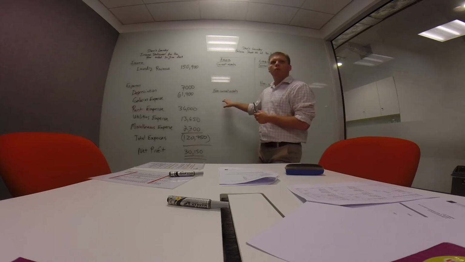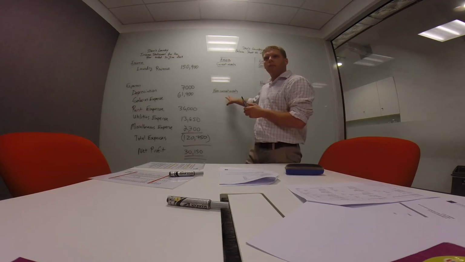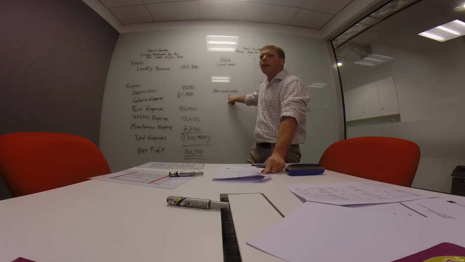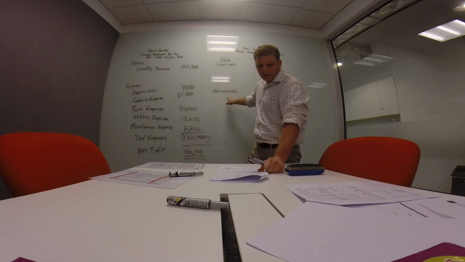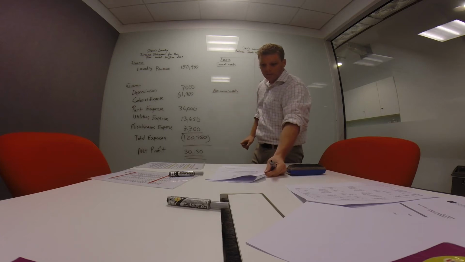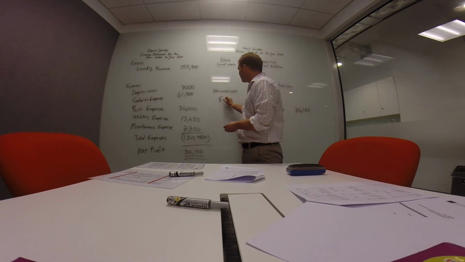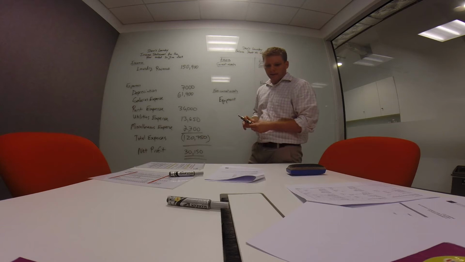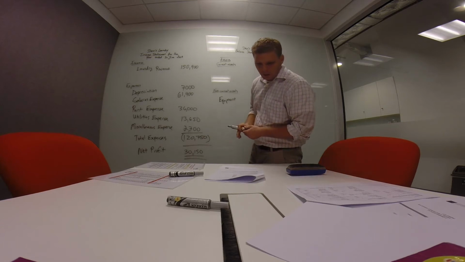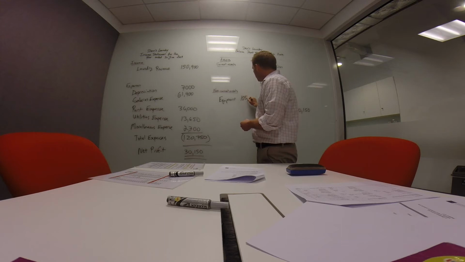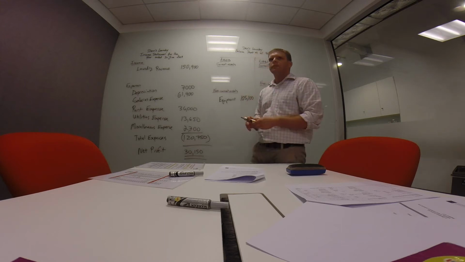Now I also want to point out some challenging things that we might not have seen last week. One is in our non-current asset section. Our non-current assets include our equipment. Our equipment is a non-current asset, and the value of our equipment is $105,100.